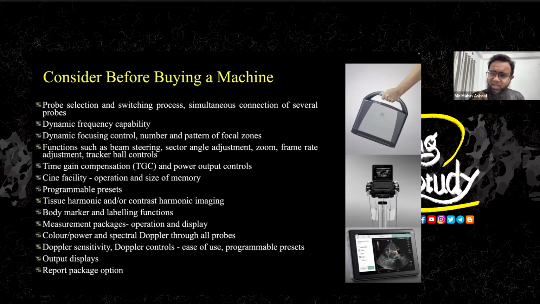So if you are trying to buy a machine, try to check the renal vasculature and try to obviously check the spectrum of the renal and intrarenal arteries with that machine. If it is good, then the machine should be good. So that's the simplest tips about buying an ultrasound machine.